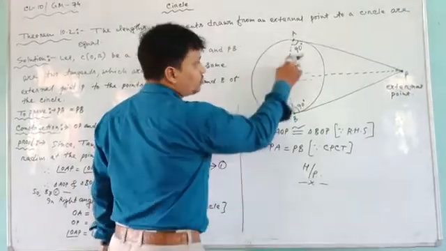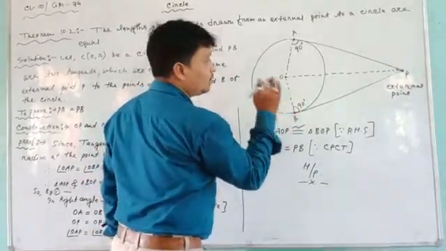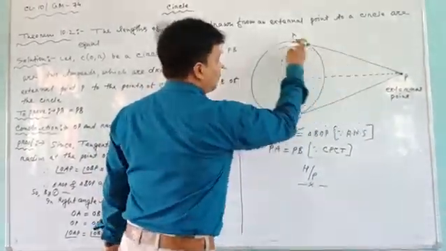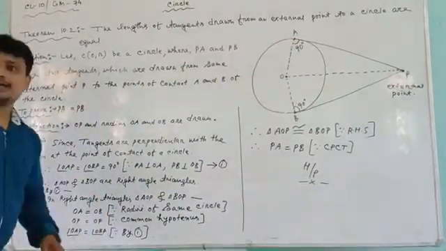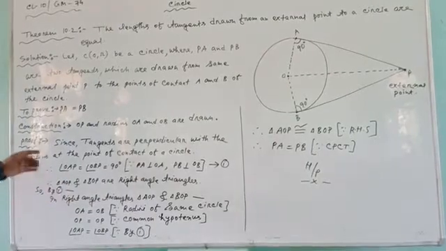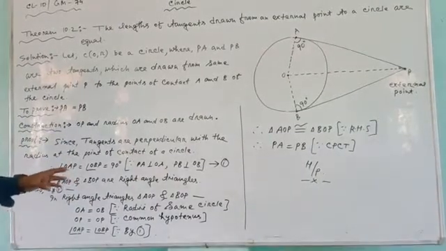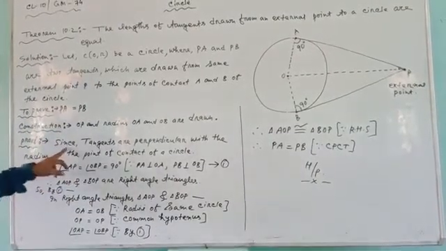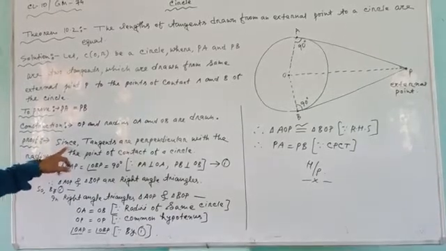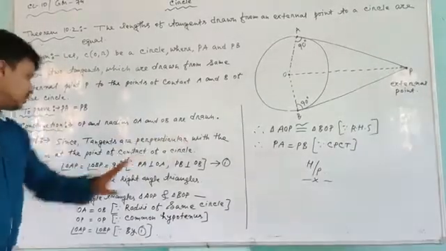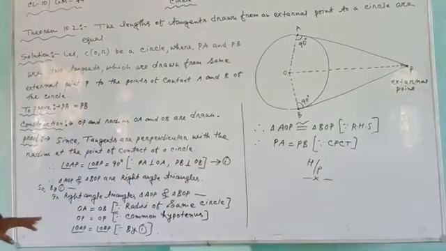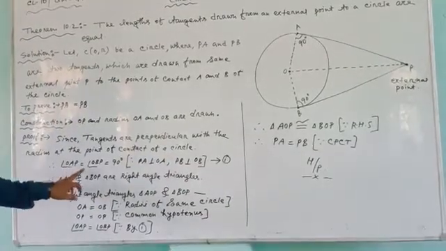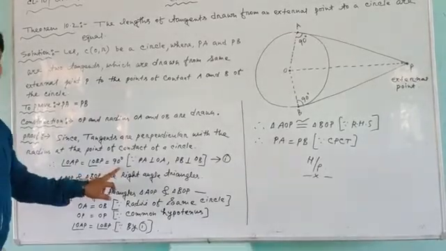You have to prove these two angles are 90 degrees. By theorem: tangents are perpendicular with the radius at the point of contact. Already I taught in the last video that tangents are perpendicular with the radius at the point of contact. Since tangents are perpendicular with the radius at the point of contact of a circle, angle OAP equal to angle OBP equal to 90 degrees.